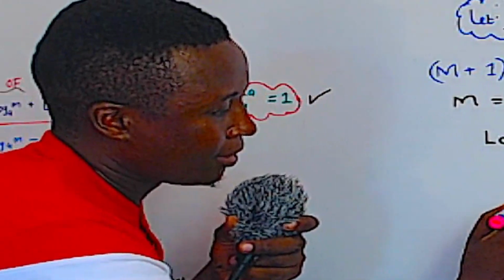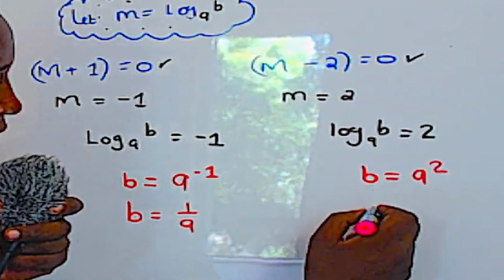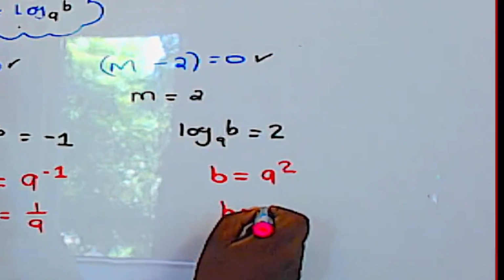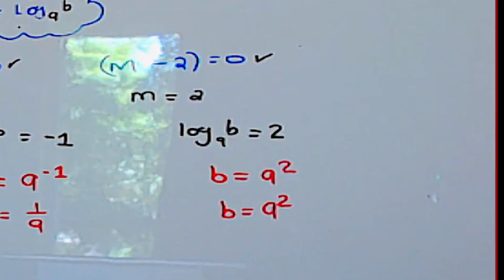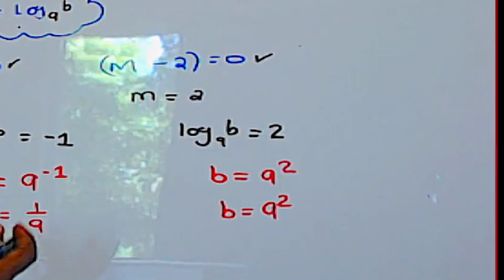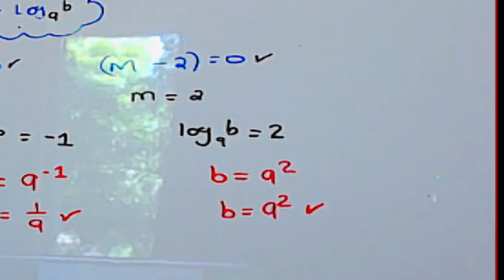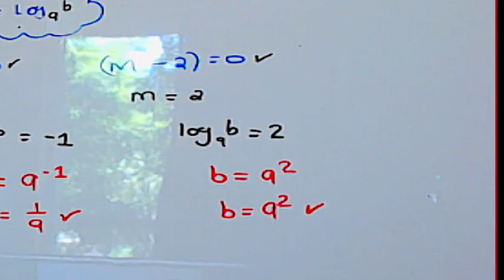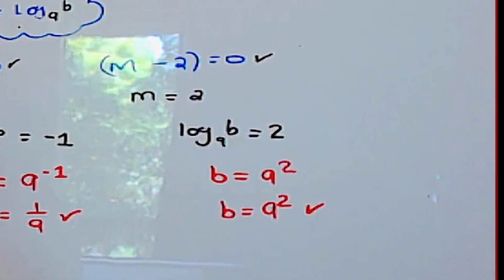This one can be written as b equals 1 over a, and at this point we can say our b equals a raised to power 2. So remember in this question we were supposed to find b in terms of a. So this is your final answer, and this is the final answer you are supposed to get on this given area. So we can move to the next question.